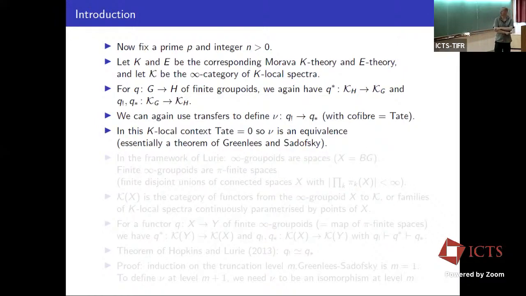This was a theorem of Greenlees and Sadowski, which says that if you take the Morava K-theory spectrum and apply the Tate construction to it relative to a finite group, then you get 0.